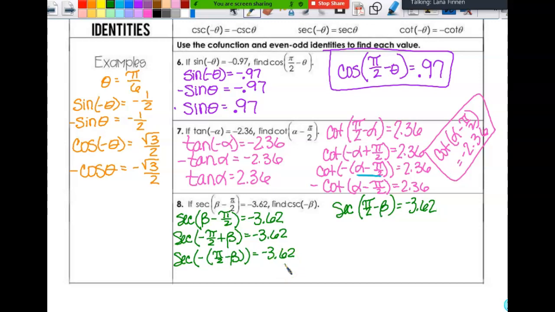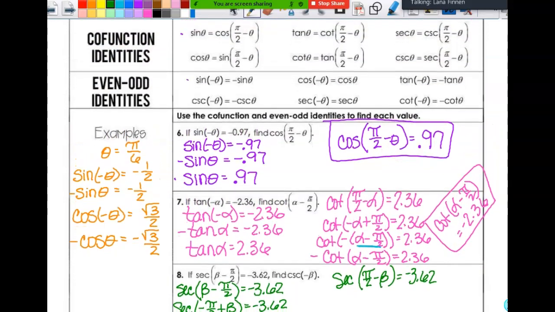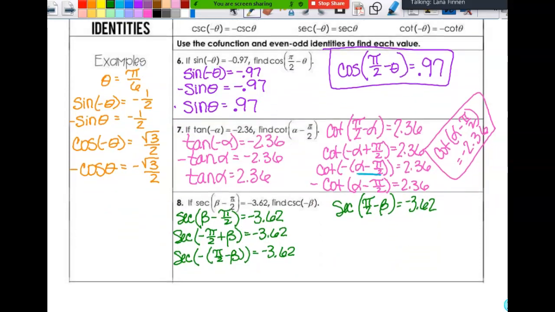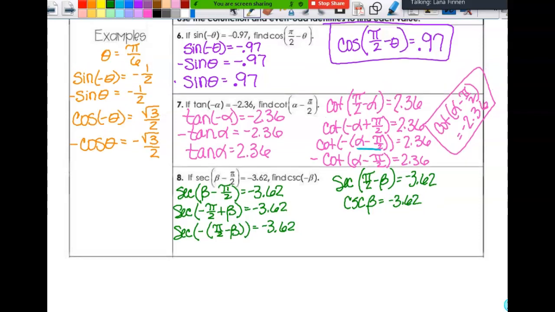All right, so now that I'm here, now I have something that actually matches up there. So when I come back up here, and I find this, so secant of pi halves minus beta, that's this right here. That's equal to cosecant. So I can substitute, and I can get cosecant of beta equals negative 3.62. I don't want cosecant of beta. I want cosecant of negative beta. So I'll go back up here.